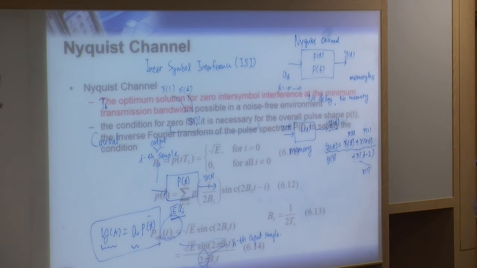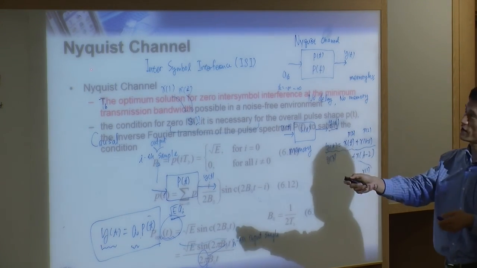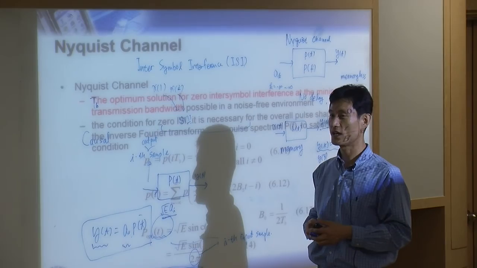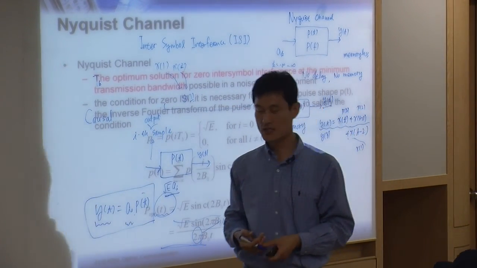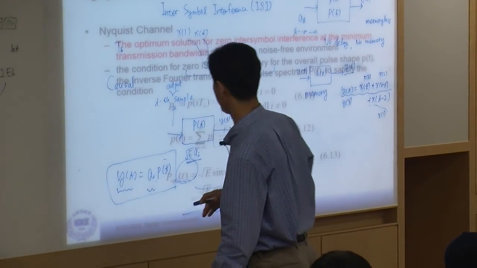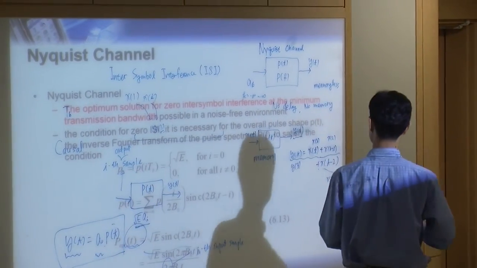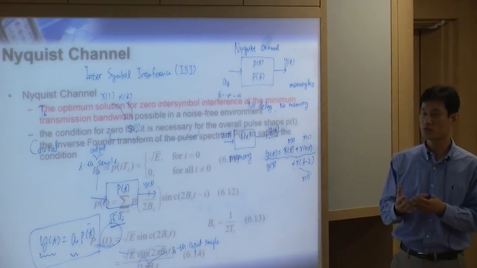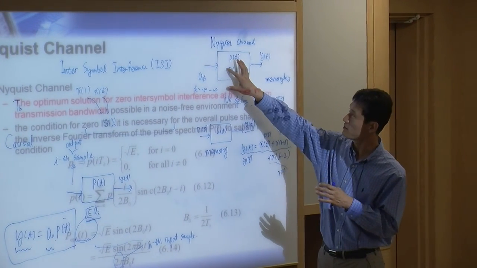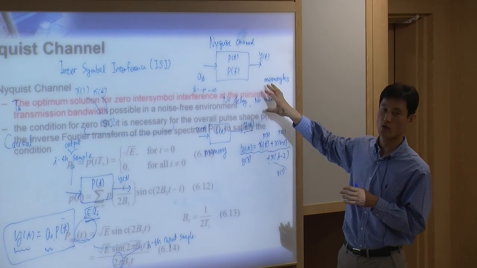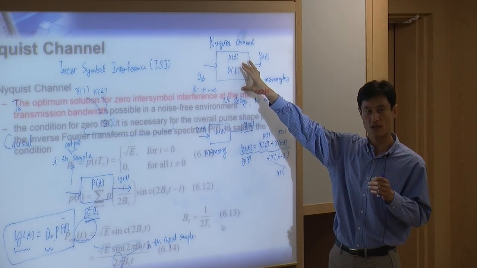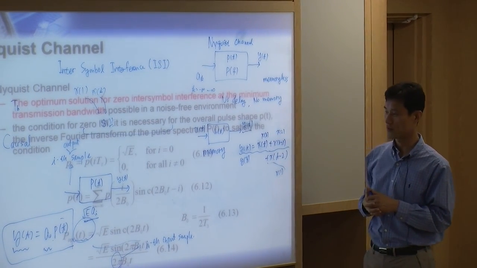Same guy. Nyquist is the name of the guy. Following his name, we call this the Nyquist channel. So this Nyquist channel has some special relationship. And what's the relationship? If we can make this block a Nyquist channel, that means we have no delay, no memory in this block. Simply, that's what we want to do.